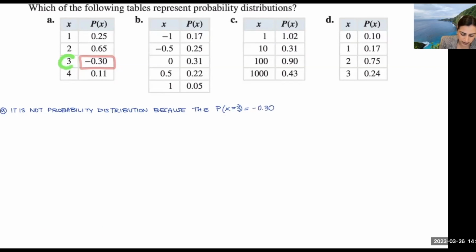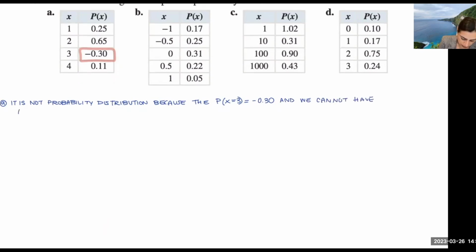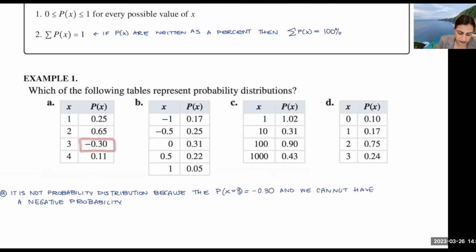So the probability that my random variable is equal to 3 is negative 0.30, and we cannot have a negative probability. It's not satisfying this requirement there. So as long as it fails one requirement, it is not a probability distribution.